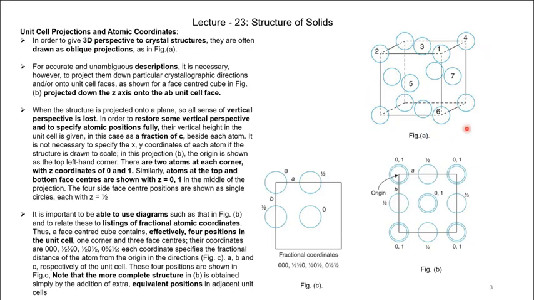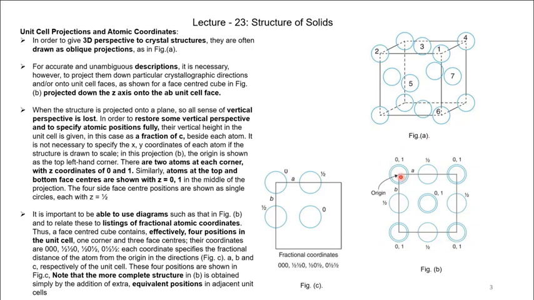But this description becomes ambiguous. We need an unambiguous description, and as we said before, we have to project the unit cell down a particular crystallographic direction, either the a direction, the b direction or the c direction. If we do that, it comes up like this.